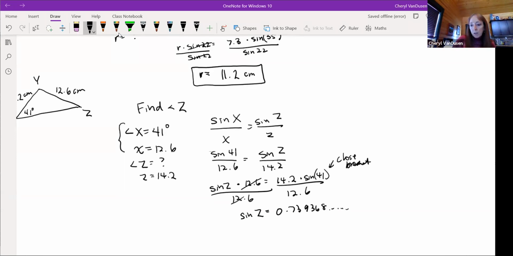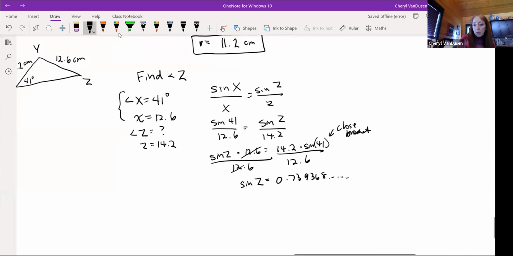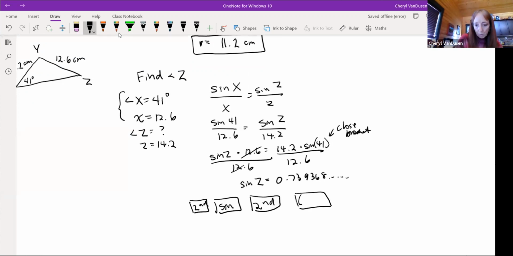Now I'm going to show you something on your calculator that I had alluded to before. We've got that big, long, ugly number. We don't want to retype that. We want to take the inverse sine of that. The buttons you're going to hit are: second function sine, and then second function and the minus button down at the bottom.